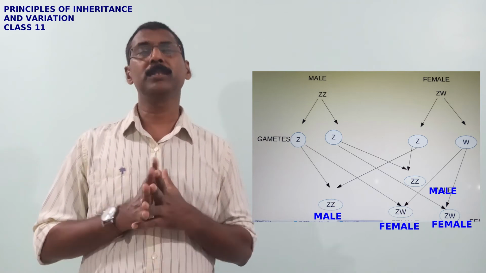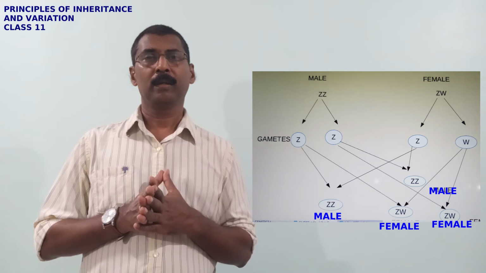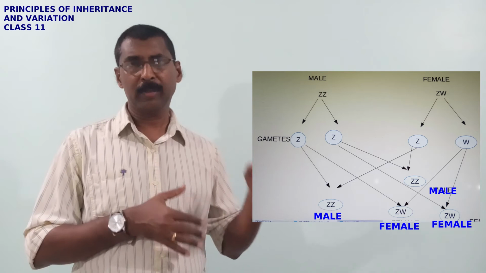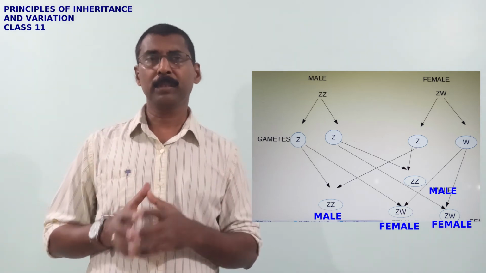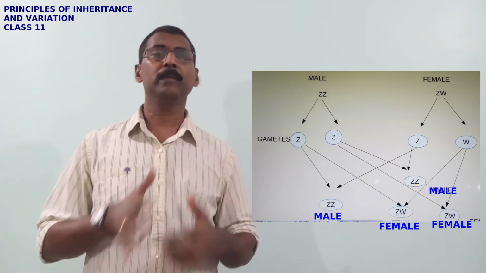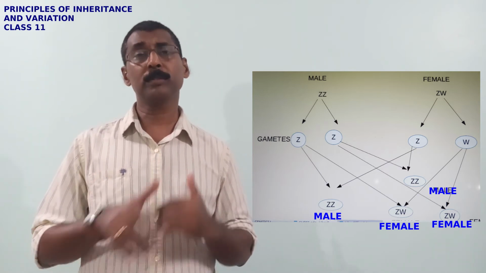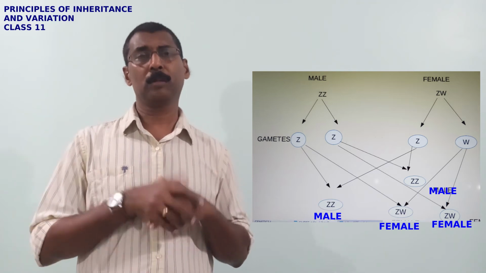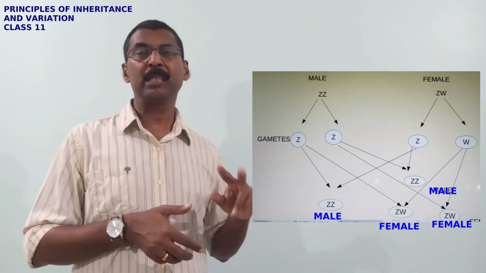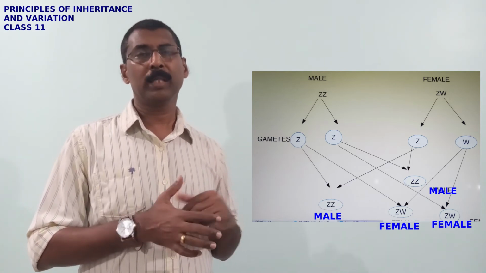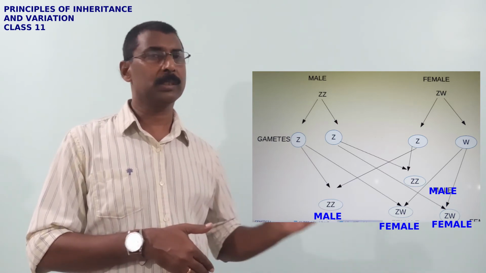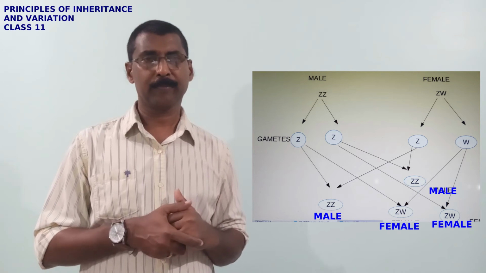So in the case of birds, males are homogametic and females are heterogametic. Males are with a pair of Z chromosomes, so they are homogametic, producing the same type of sperms with Z chromosomes, and females are heterogametic with ZW sex chromosomes, and they produce two types of ova, 50% with Z chromosomes and 50% with W chromosomes.